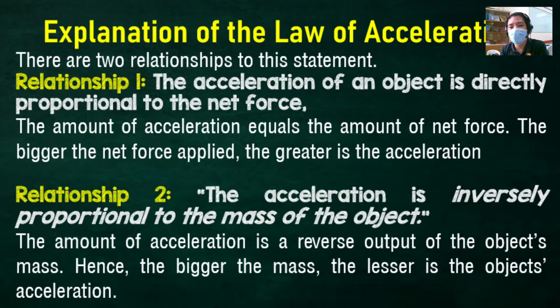To further explain the law of acceleration, let us divide the two relationships that can be found in the statement. The first is that the acceleration of the object is directly proportional to the net force. We all know that acceleration is only present when the object is changing its velocity. If not, then the acceleration is equal to zero.